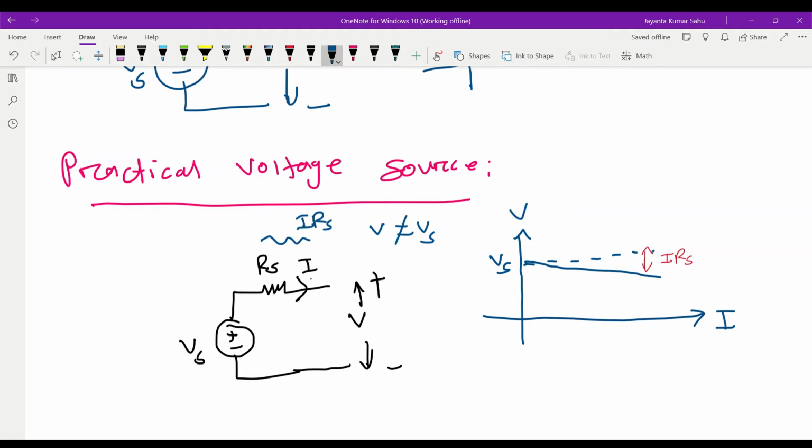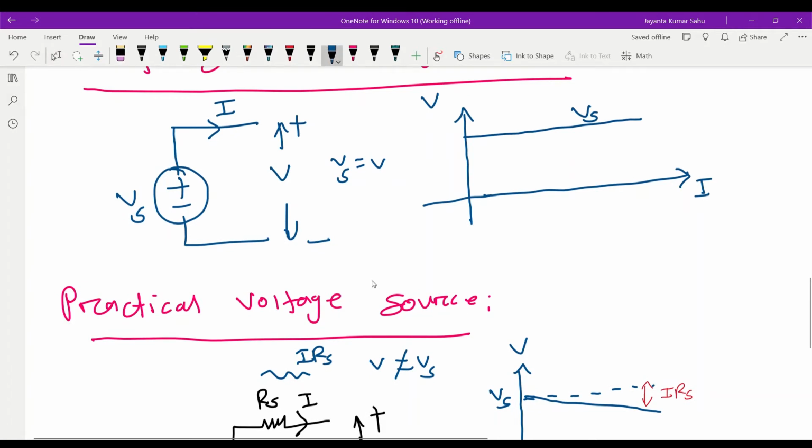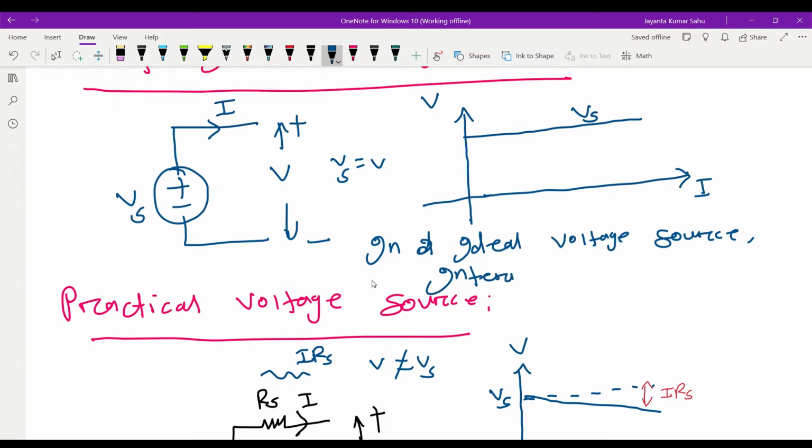In the ideal voltage source, the internal resistance is 0. This is a very important point.